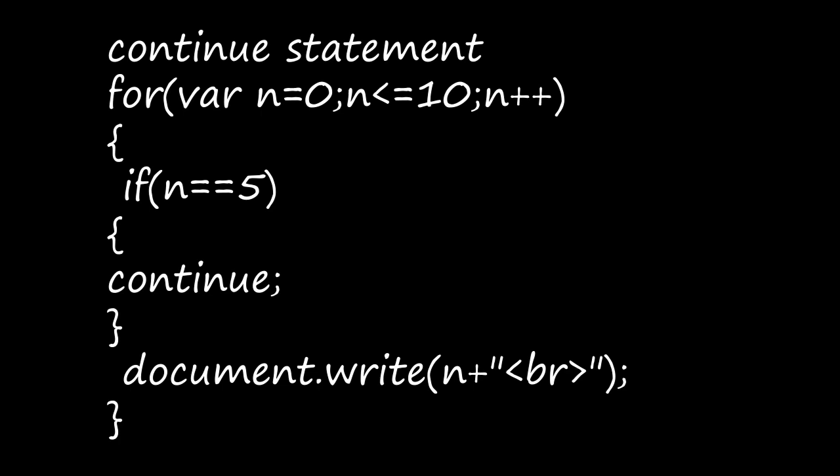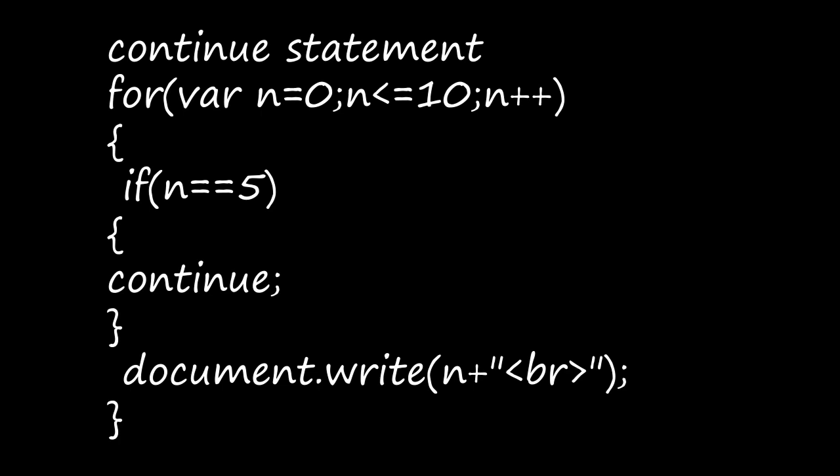For example, in a for loop, we give variable n equal to 0, n less than or equal to 10, n plus plus, and if n is equal to 5, they have given continue, right? Same as we saw in break, here we are using continue.